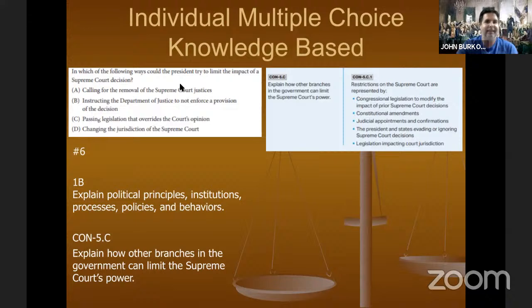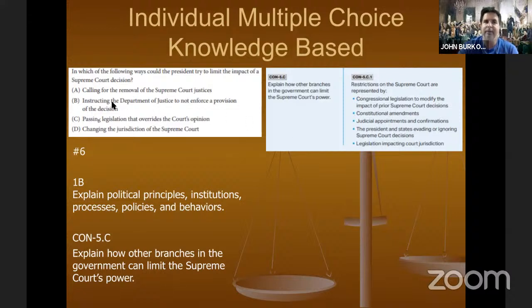Sure. Could the president try to limit the impact of a Supreme Court decision? Remember, the Supreme Court's made its decision. How could we limit the impact? Instructing the Department of Justice not to enforce a provision of the decision. And here we have the president evading or ignoring Supreme Court decisions. That is one example of doing that. Again, you see how it's explained. We know the president can do this, but how?